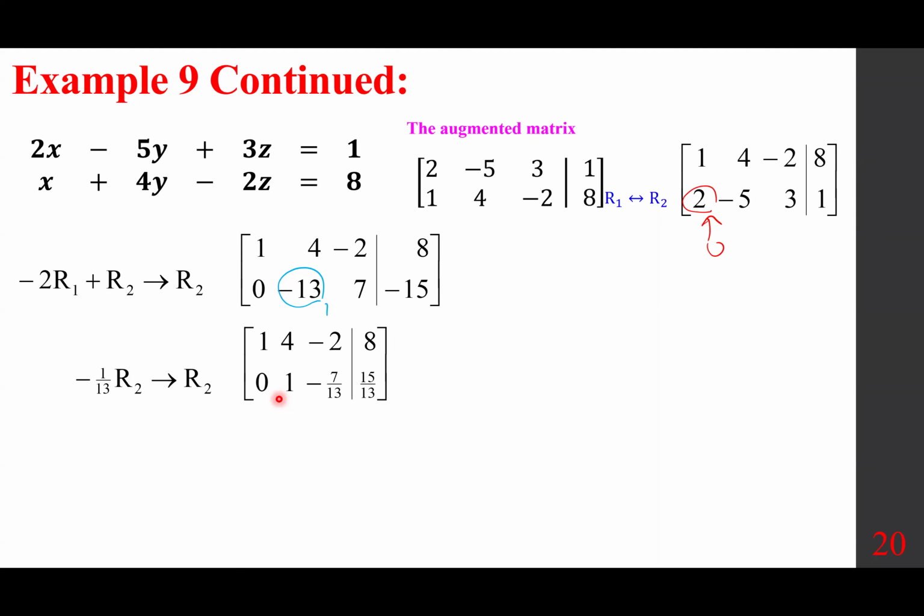So you're going to write x plus 4y minus 2z is 8. X goes away, y minus 7 over 13z equals 15 thirds. So those are the two equations we now have to deal with. If we make it into RREF, that means we make this one 0, it makes it easier to find them, but that's just as good.